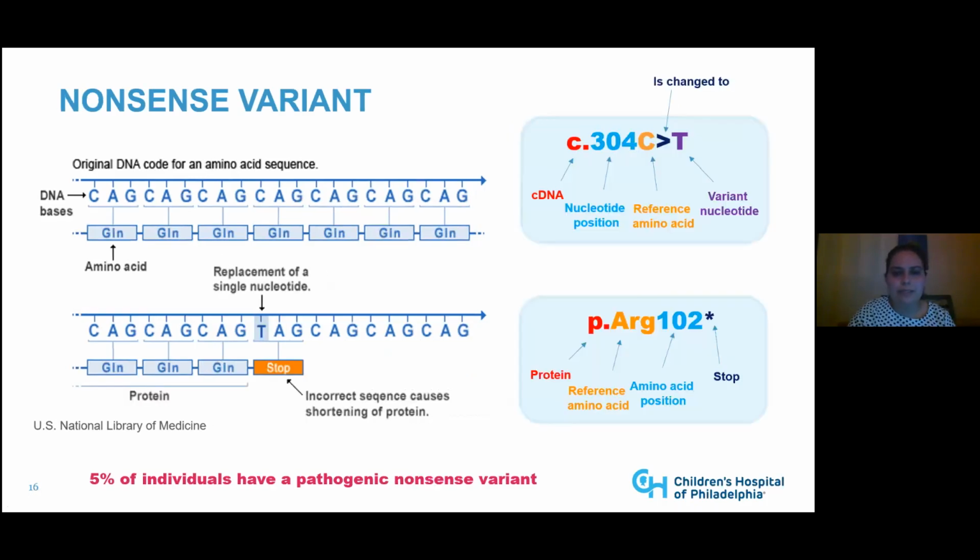We also have nonsense variants that can be seen with SCN2A. These are less common, so about 5% of people with SCN2A related disorders have one of these changes. And again, we have our DNA code.